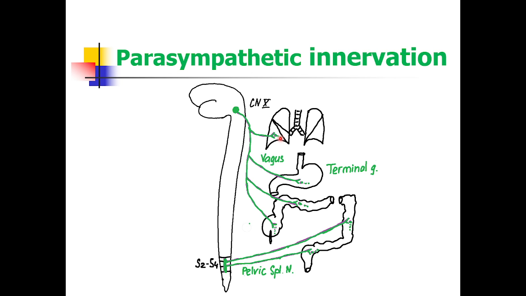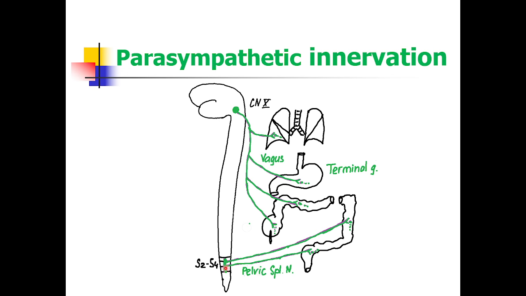Perfect. Now, look at this diagram. And guys, that's what you will deal with in GIT. You will continue to discuss vagus for the upper and middle GI organs to innervate, but for the terminal part of the gut tube, for the hindgut, and for all pelvic organs in the pelvis, you will not use vagus anymore for parasympathetic.